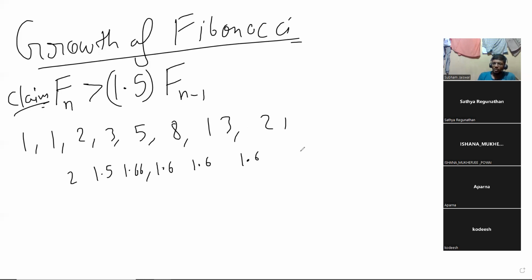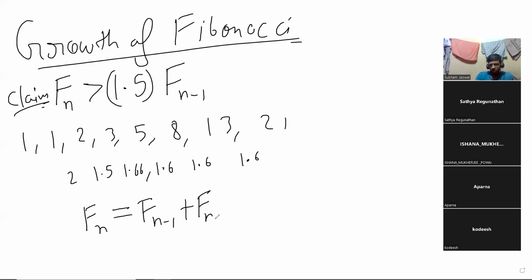Even if you can show it's at least 1.5, then it's good enough. I don't know, but Fn is equal to Fn minus 1 plus Fn minus 2.